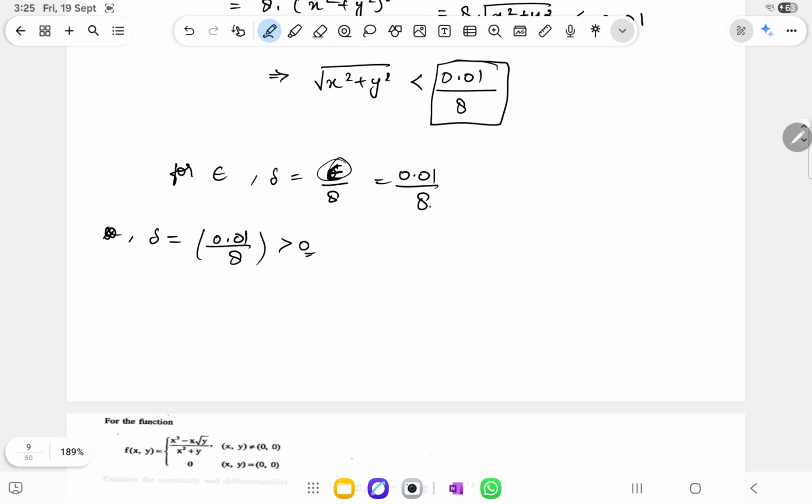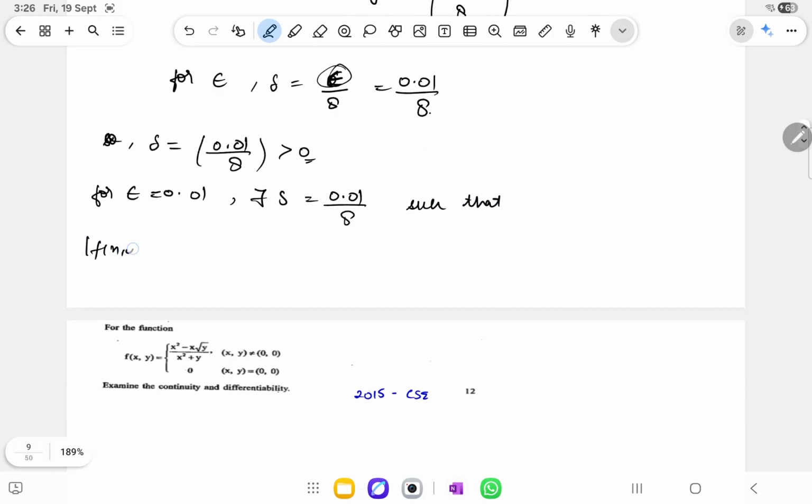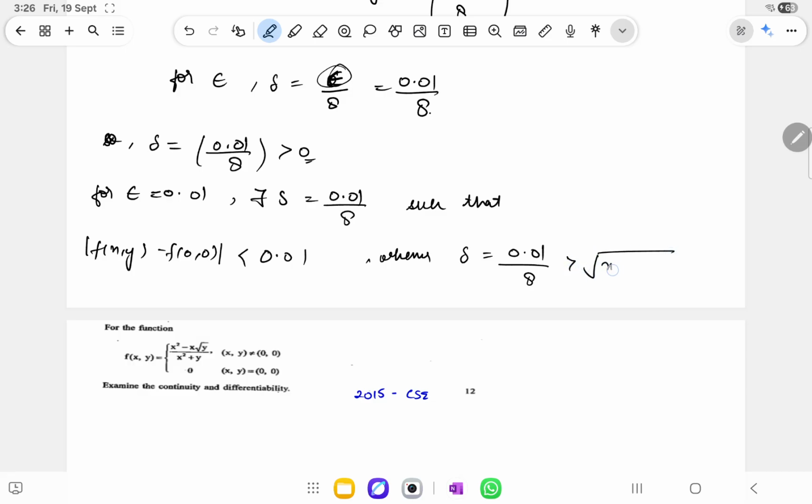So for epsilon equals 0.01, there exists delta equals 0.01 divided by 8, such that mod of f(x, y) minus f(0, 0) is less than 0.01 whenever the square root of x^2 plus y^2 is less than delta, that is 0.01 divided by 8. That's all we are supposed to do in this question.